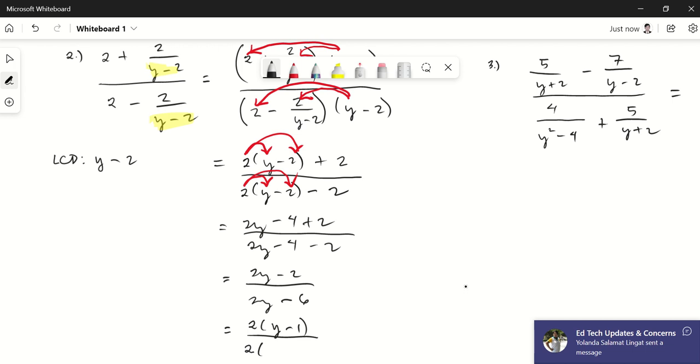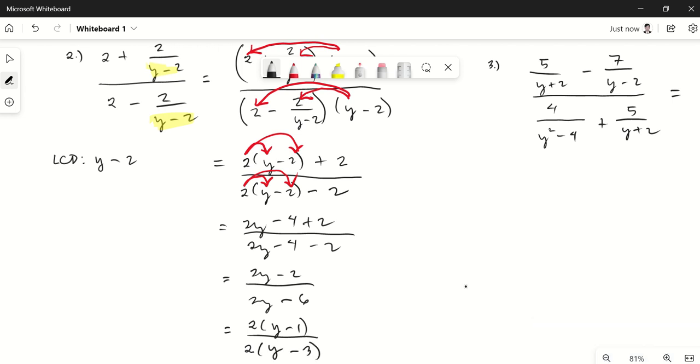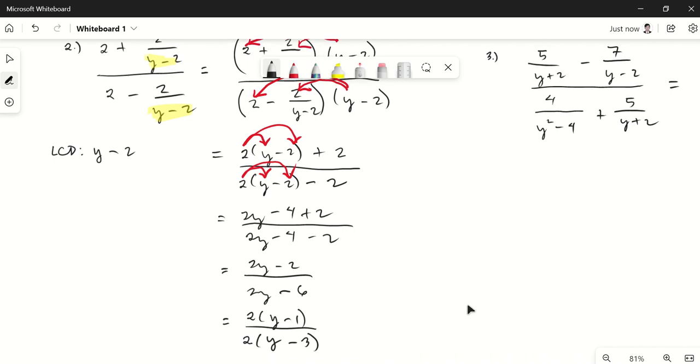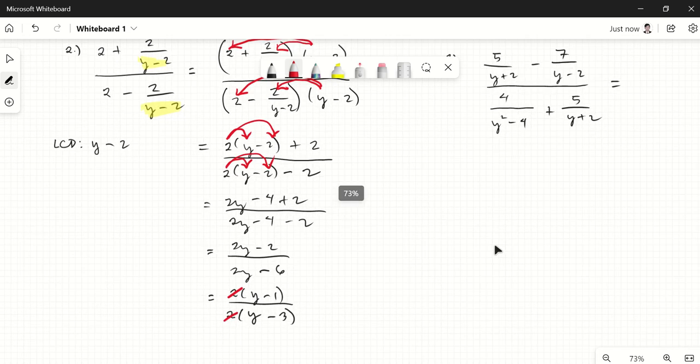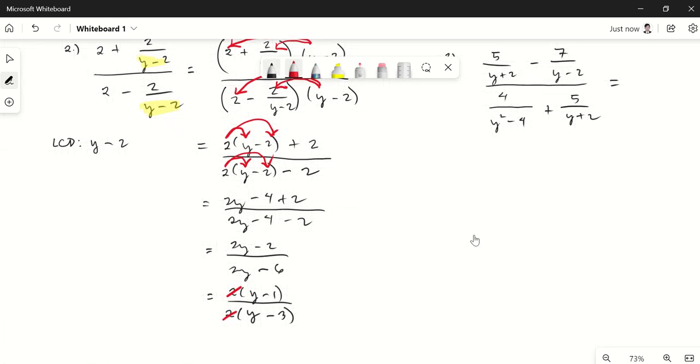And once you factor out the 2, that would be y minus 3 as the remaining term. Now you can cancel out the common factors in the numerator and denominator. And that will give you y minus 1 all over y minus 3.